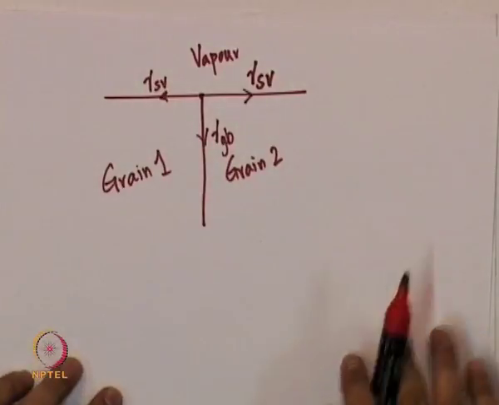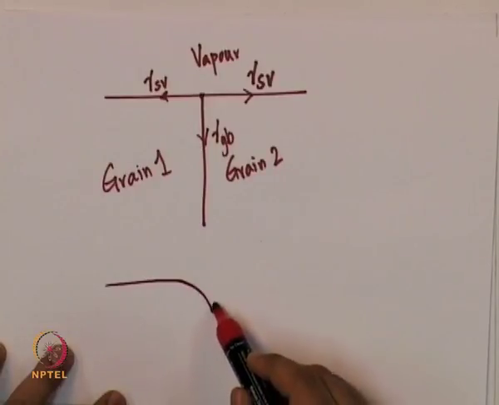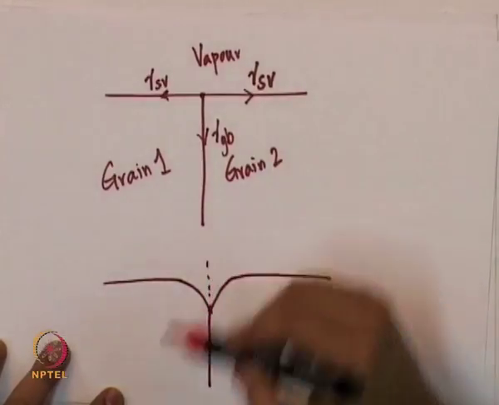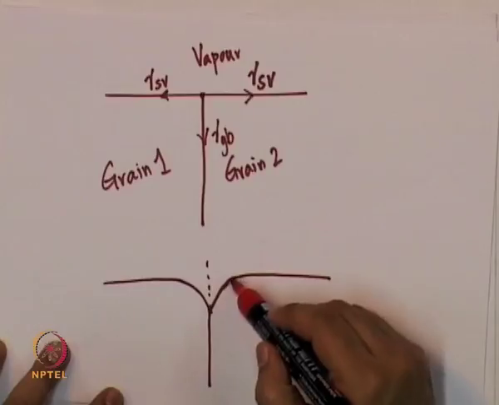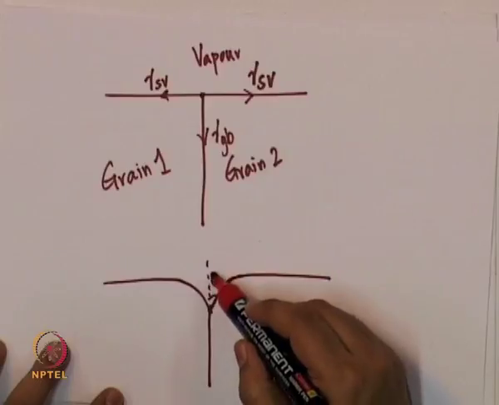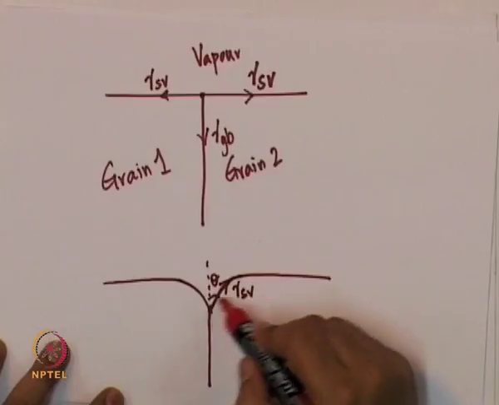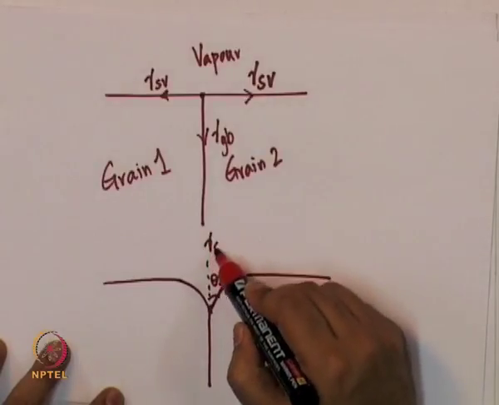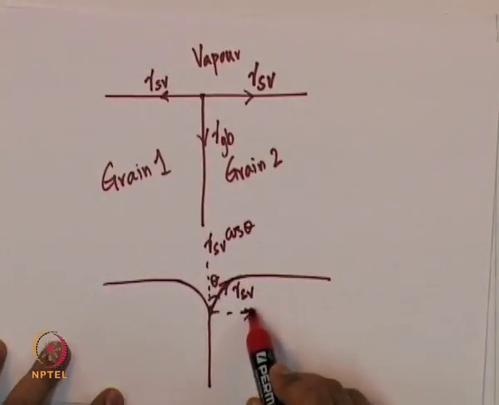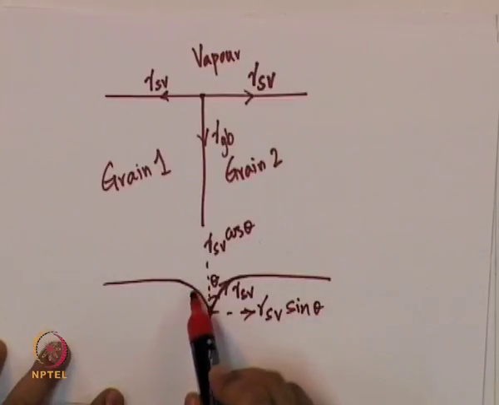So, to balance the forces, the system is going to produce what is known as a grain boundary groove. So, this is the perpendicular. The grain boundary near this point is going to take a shape, let us say that this angle is theta. Now, this gamma SV will get split into two parts. So, it will be gamma SV cos theta and there will be a gamma SV sin theta component, and there will be another gamma SV.